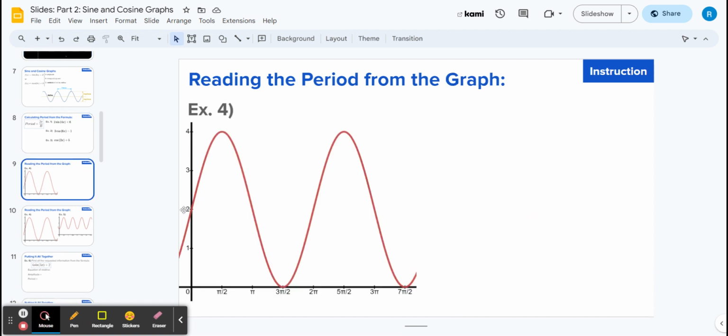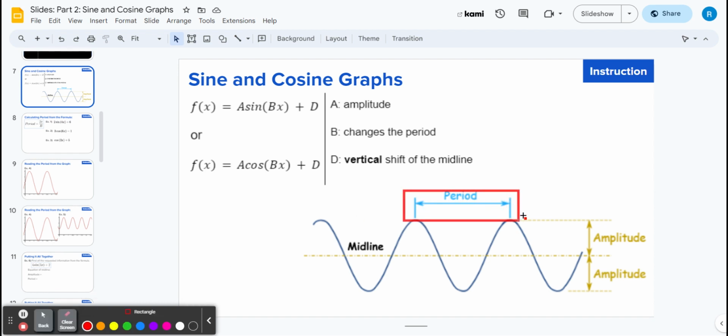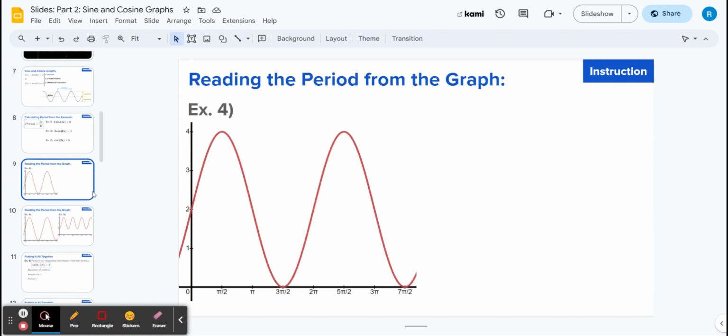Now, reading the period from the graph. If we go back to our definition, you'll notice that the period here is the distance in between the two peaks of our sine wave. But we'll notice that if we were to measure the two peaks of this sine wave, we have right here and right here, that's one period.